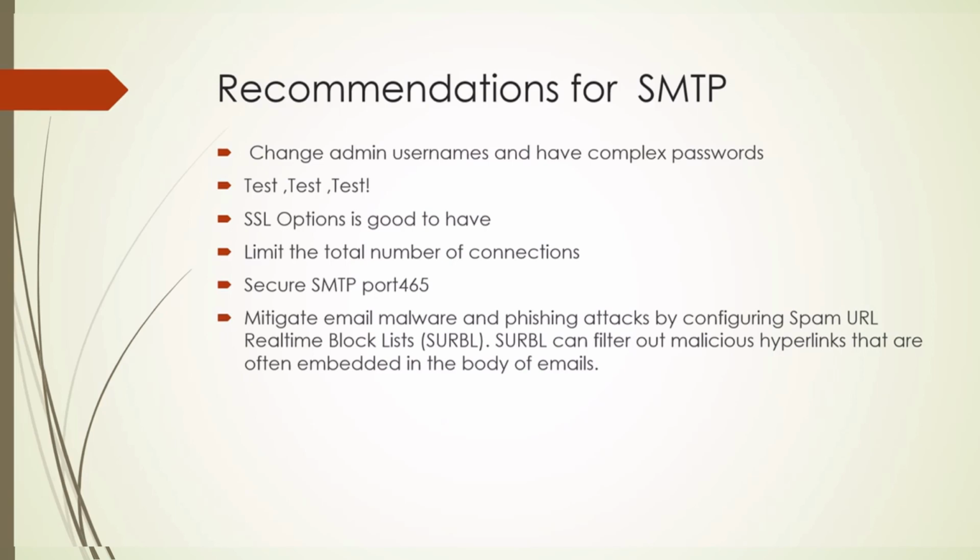Some of the settings for SMTP include the total number of connections, the total number of simultaneous connections, and the maximum connection rate. Those will need to be tweaked for a while during operation until you find what works.